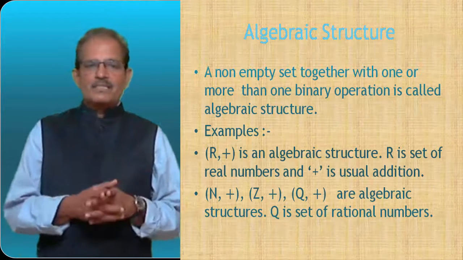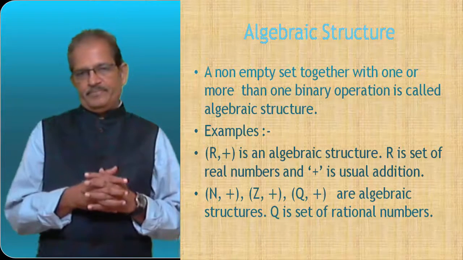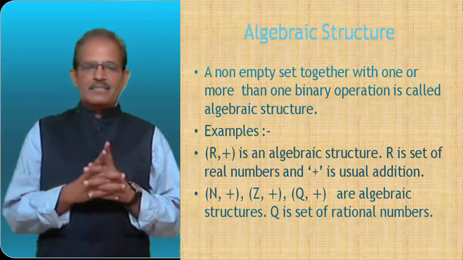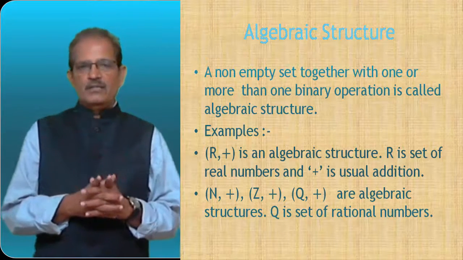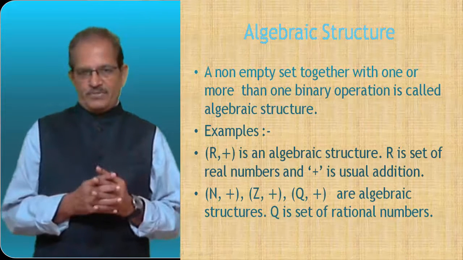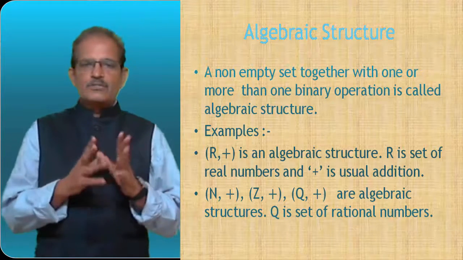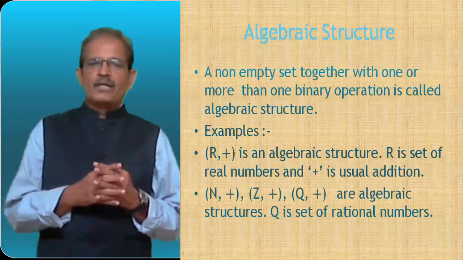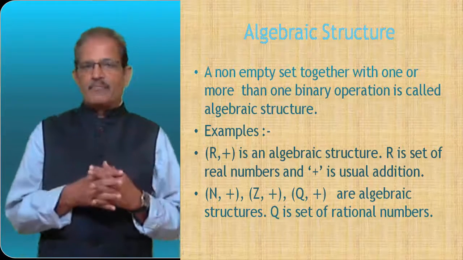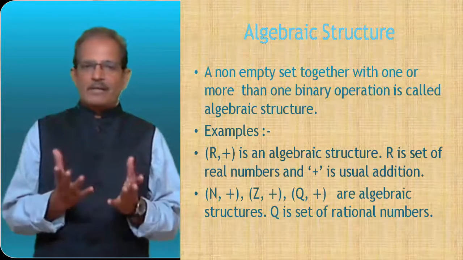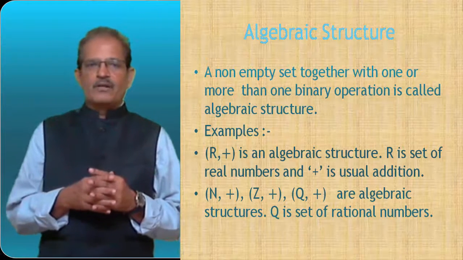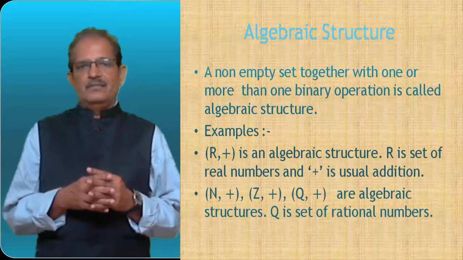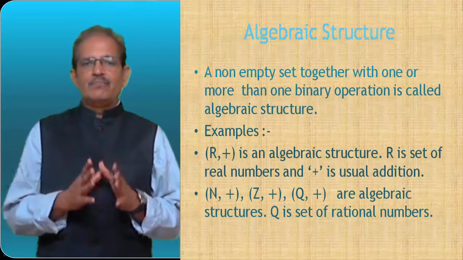Now, whether (R, +) is an algebraic structure. Algebraic structure means that addition plus must be a binary operation on set of real numbers. It is usual addition. Suppose you add two real numbers, the result is also a real number. So therefore, plus is a binary operation on set of real numbers. So therefore, (R, +) is an algebraic structure.